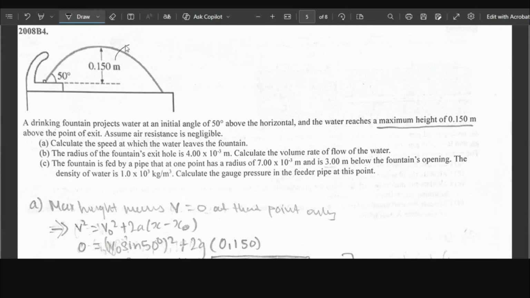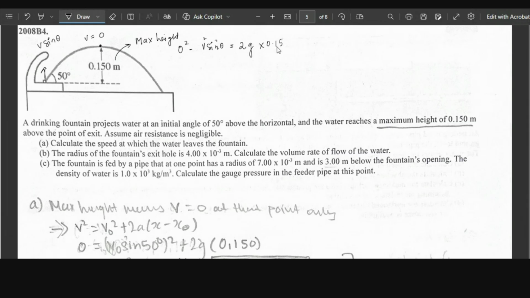So, the maximum height is attained by the vertical component of the velocity, which is v sine theta. At this particular point, v sine theta becomes zero. So we can use the third equation of motion: final velocity squared minus initial velocity squared, where the initial velocity is v sine theta, gives v squared sine squared theta, equals twice g times the height, which is 0.15.